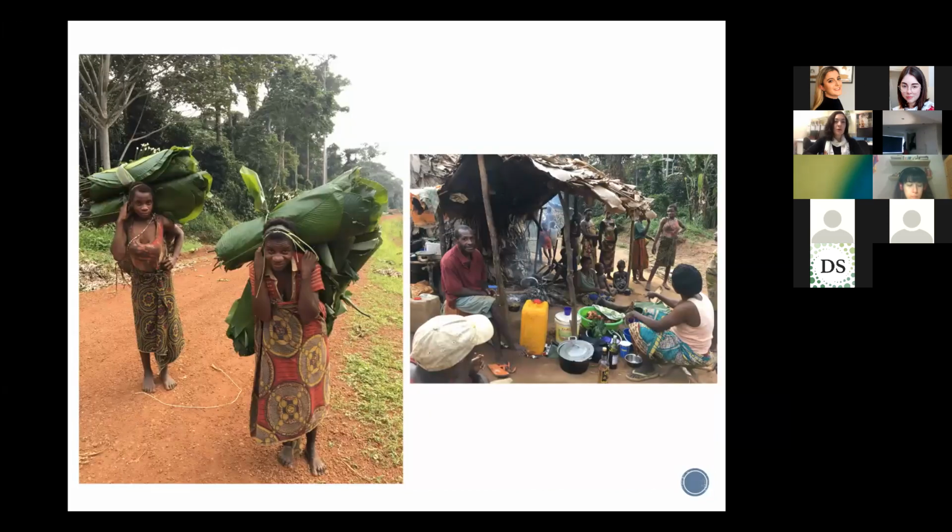But the BaYaka also trade with their agricultural farmer neighbors. So here you see BaYaka women gathering forest plants to sell that to the neighboring farmers in exchange of some agricultural products and cigarettes, and also in exchange of alcohol.